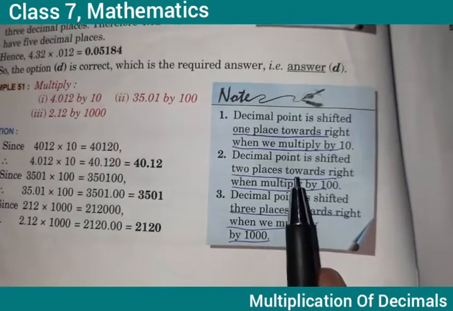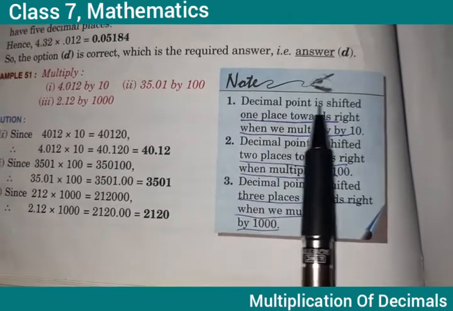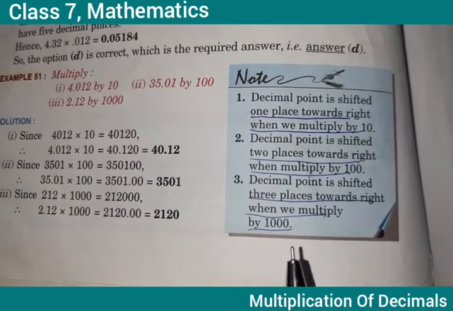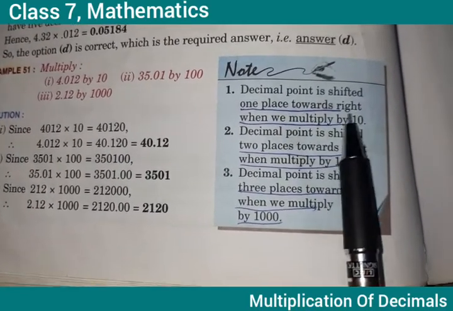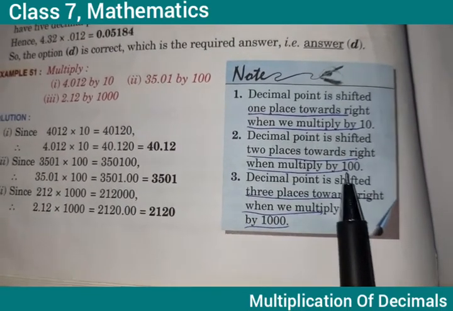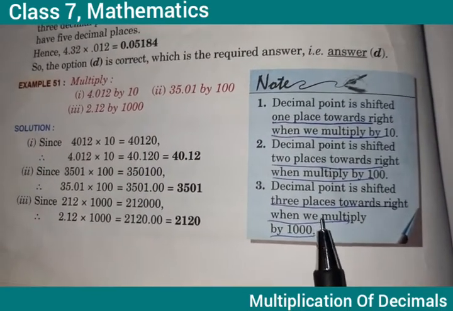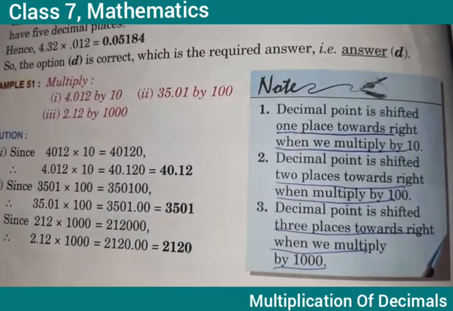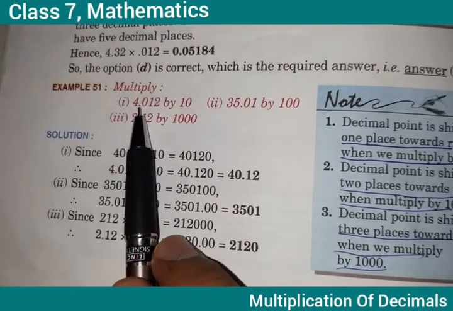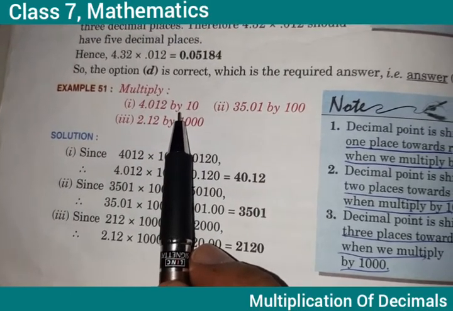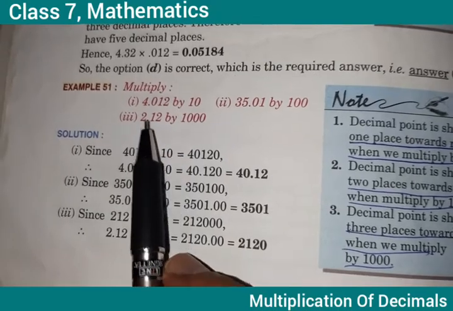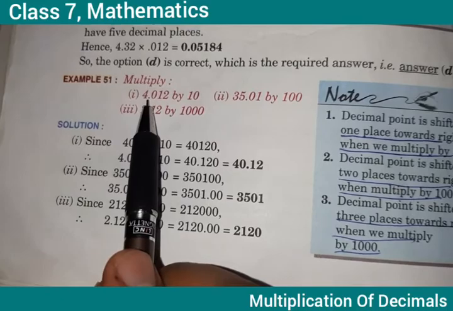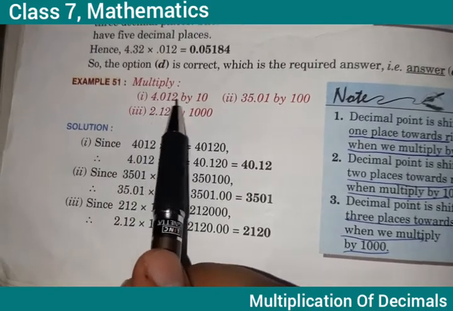Now one thing which you need to see is here, it is written: decimal point is shifted 1 place towards right when multiplied by 10, 2 places towards right when multiplied by 100, and 3 places towards right when we multiply by 1000. See, the question was 4.012 into 10, but when we got the final answer it is 40.12. That means the decimal point just shifted 1 place towards the right hand side.